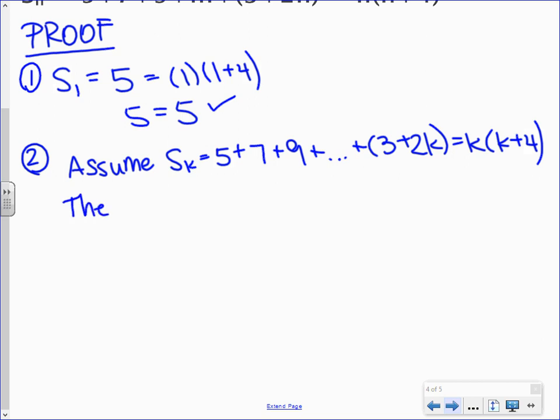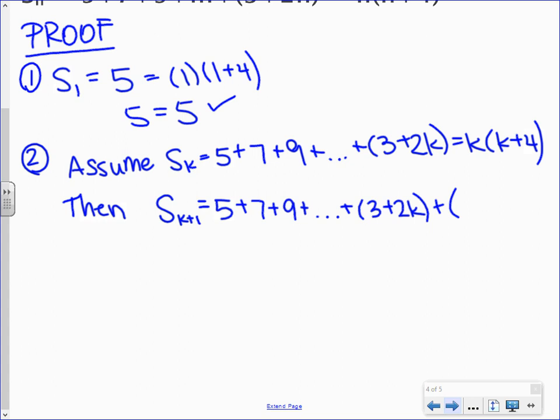And we want to consider the k plus 1 sum. As we've talked about, the k plus 1 sum is the k sum plus the next term in the sequence. So just plug k plus 1 into the sequence for the next term.